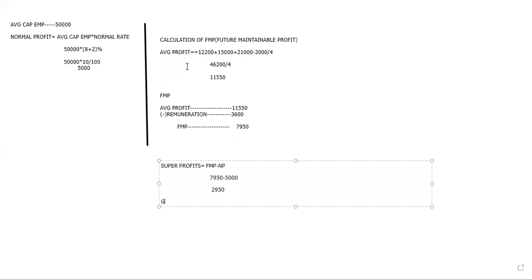Therefore goodwill is equal to super profits into number of years of purchase. Super profits we got 2,950, into how many years? He said 3 years. Now multiply with 3 years, we get 8,850. Goodwill is equal to 8,850.